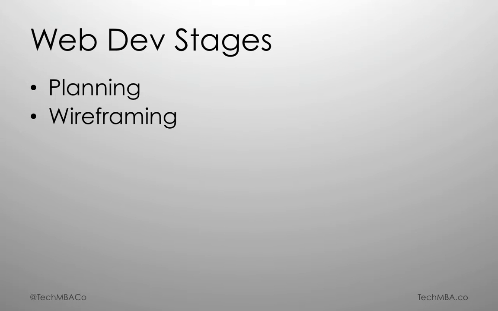This gives you a visual tool, so if you don't like the placement of an image or a button or the color of a button or the size, you can just very easily make these changes. As soon as you start programming, as soon as you start putting this online, it becomes more time consuming to make changes. So you want to get things as close as you can during the wireframing stage.